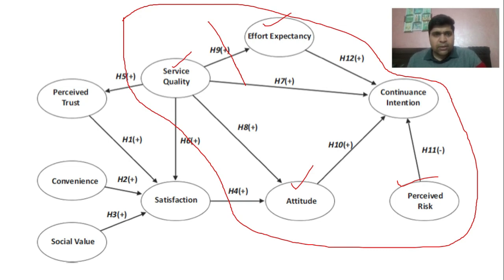I have not taken the antecedents of service quality like perceived trust and antecedents of satisfaction like convenience, perceived trust, and social value. So if a postgraduate student does this much of work, that is well enough. I mean, that is fair enough.